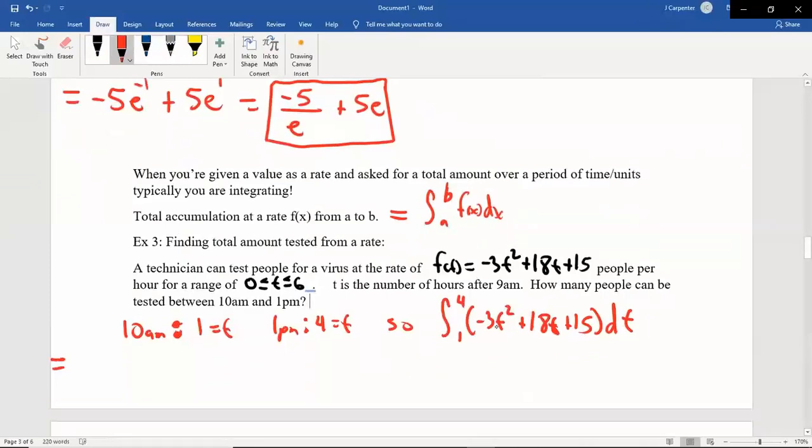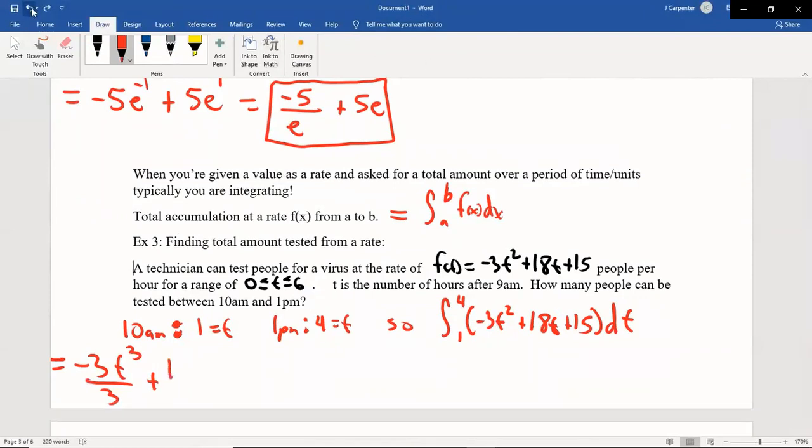Power rules. Add 1 to each exponent, divide by the same value. That's -3, that stays. The t squared becomes t cubed. Since that exponent is now a 3, we divide by the same. Plus 18t, that was a t to the first, so we add 1 and we get t squared.